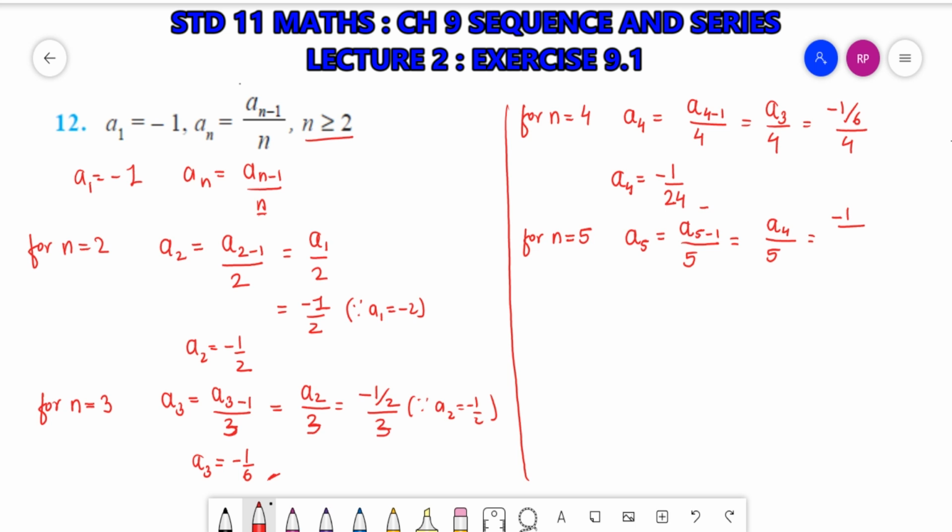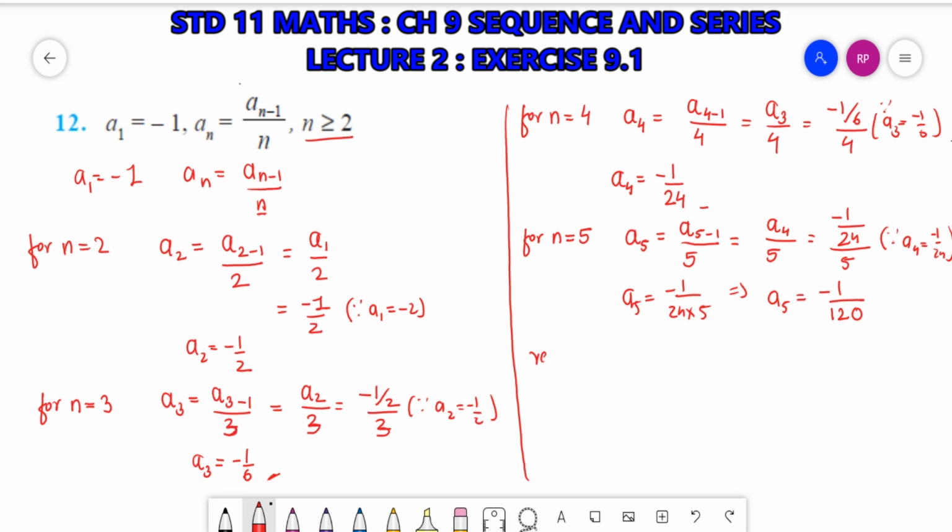So minus 1 upon 24 upon 5. Here also I can write it down. A3 is equal to minus 1 by 6. A5 is equal to minus 1 by 24 into 5. That means A5 will be equal to minus 1 upon 24 into 5, that is 120.